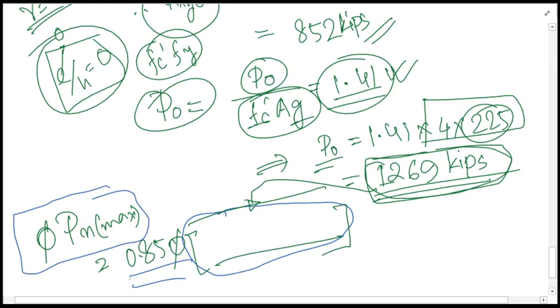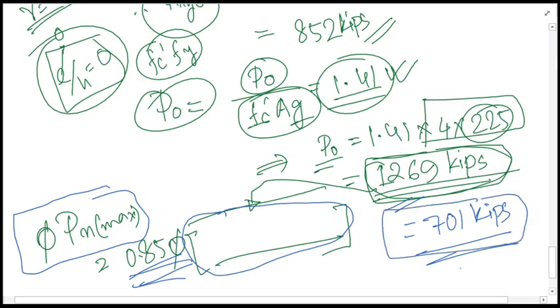So let's calculate: 1269 multiplied by 0.85 multiplied by 0.65, and you will obtain a value of approximately 701. So this is the concentric column capacity if you are using rho equals 0.04.